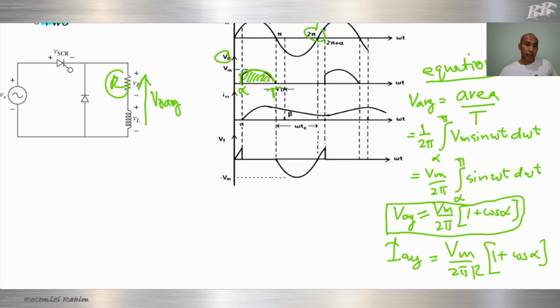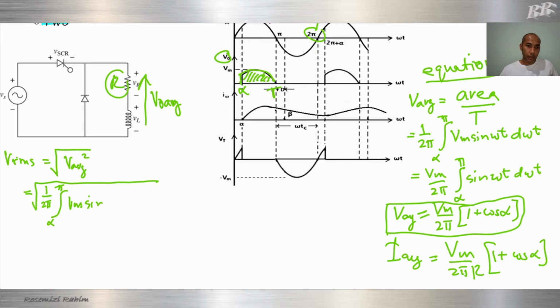The next is VRMS, the root mean square. VRMS is the square root of 1 over 2 pi integral of Vm sine omega t squared d omega t.